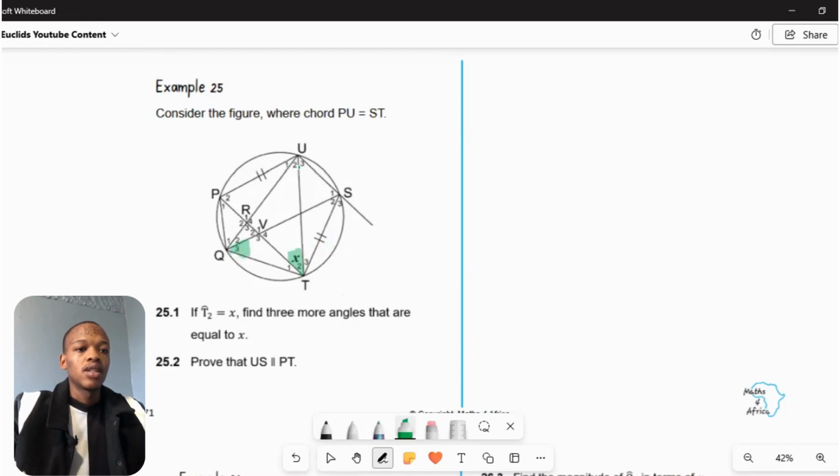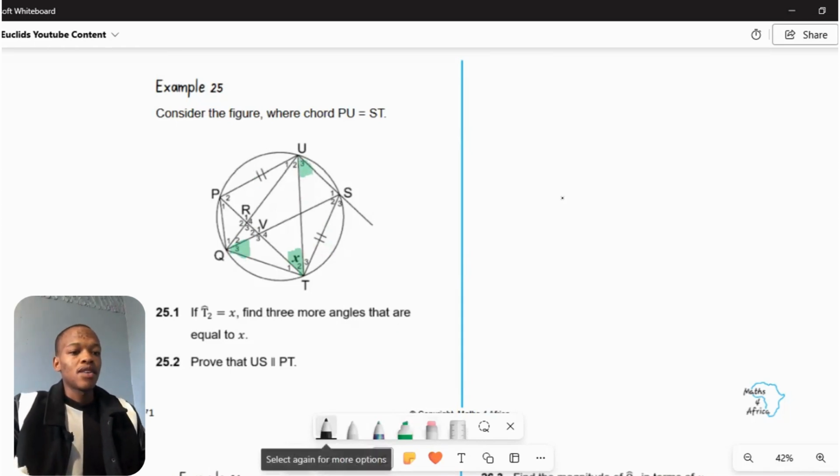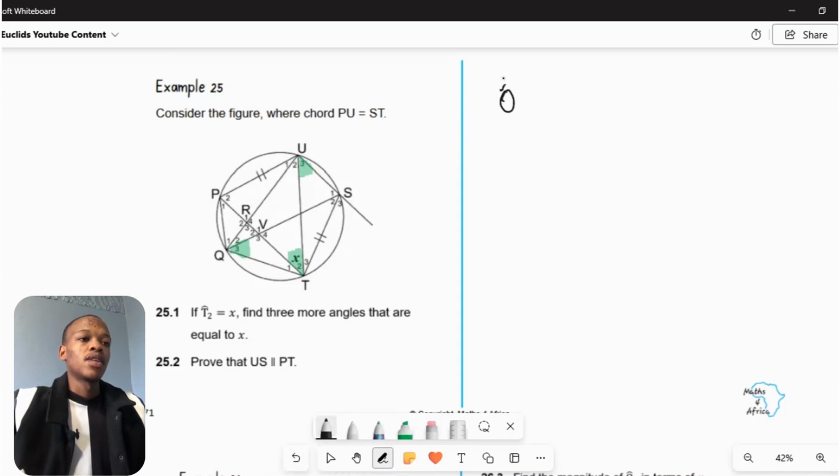And U3. Hope you see that. Yeah, so that is good. Already you just find 2 angles that are equivalent to X. So let's go.